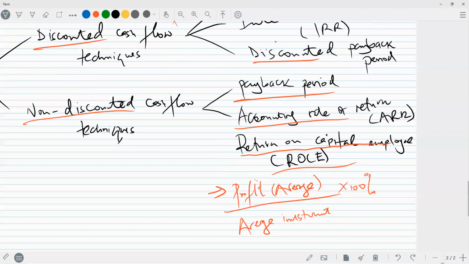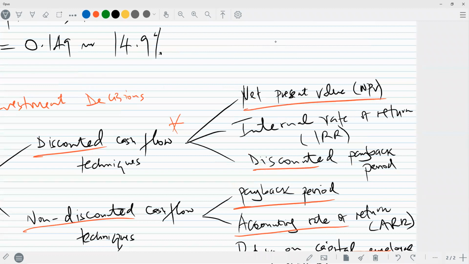Then you have the method called the NPV, net present value. As the name suggests, net present. We compare how much cash you get. What's the present value? What's the current value of all the cash you'll be receiving from this project over its entire life? So it's the present value of cash inflows from the project.